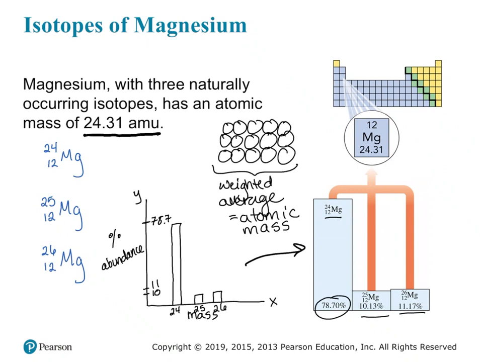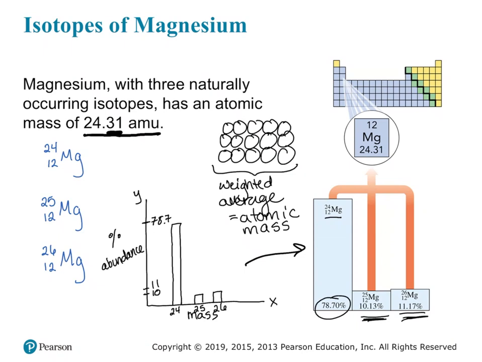So if our most abundant isotope of magnesium has a mass of 24, then the average mass of a bunch of magnesium atoms should be pretty similar to 24. But it's just slightly more than 24 because of the magnesium 25 and magnesium 26 atoms that exist in every sample.